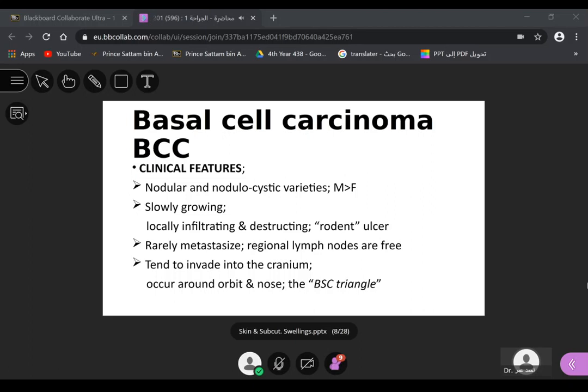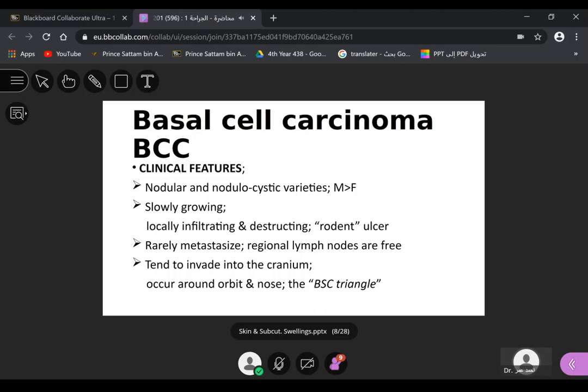Now, clinically, this tumor is characterized by being a slowly growing tumor, locally infiltrating and destructive. It does not metastasize like other tumors, for example malignant melanoma. What does it do? It erodes locally the underlying and neighboring tissues. That's why it has been named a rodent ulcer.